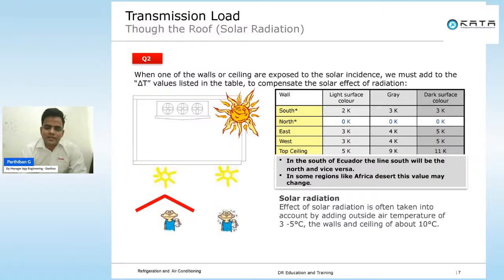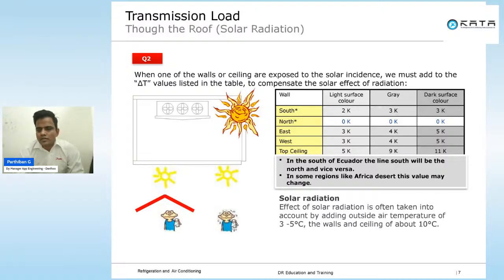So there are three details you need to calculate the transmission load. One is U. The U factor is already available in the tables. It will be established by the insulation panel suppliers. Then area calculation is very easy. You can calculate the area of a particular wall. Then delta T. Delta T is the temperature difference between the outside temperature and the inside cold storage temperature.